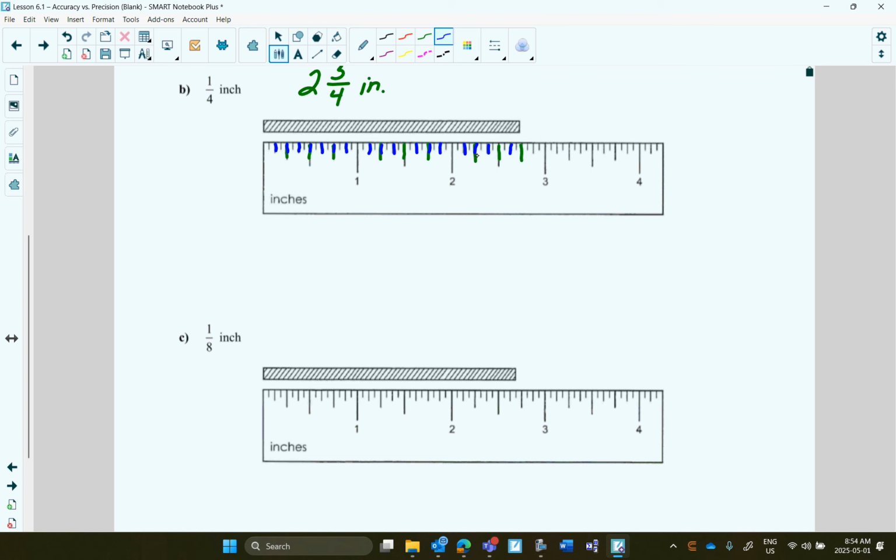So there's 8 notches to go from 1 whole inch to the next. So we would be 2 and 1, 2, 3, 4, 5, 6. Yeah, I think we're closer to 6. So technically, we would say 2 6/8. We'll leave it at that because we're asked to answer to the nearest 8th, even though we would want to reduce that to 2 3/4.